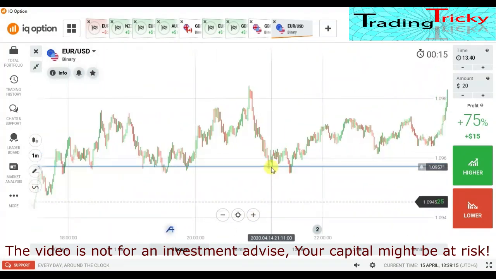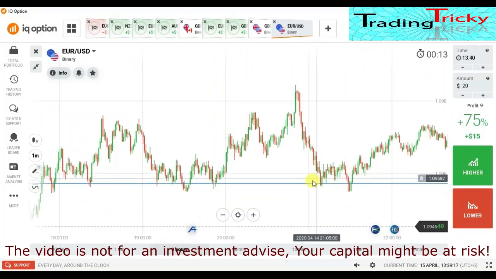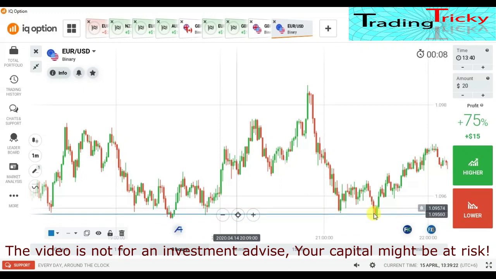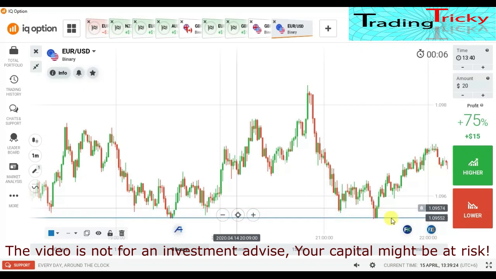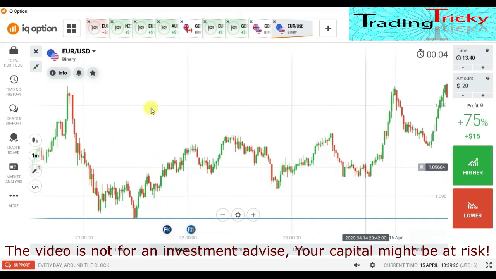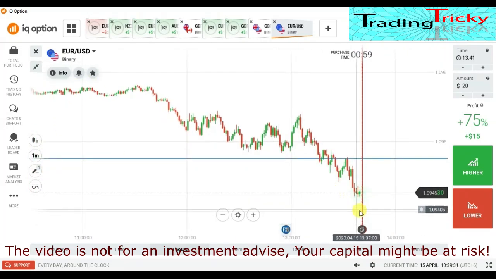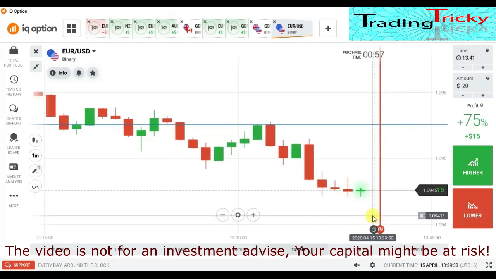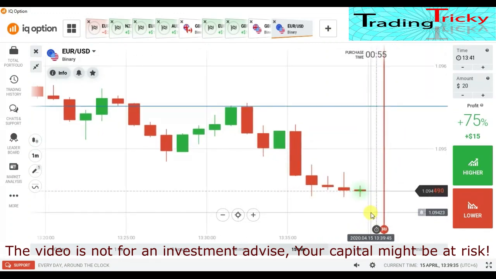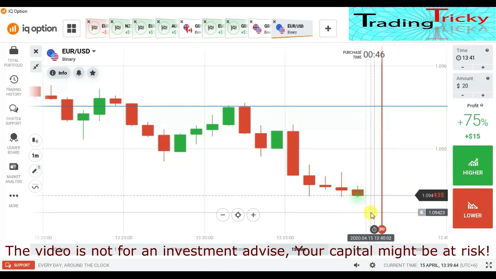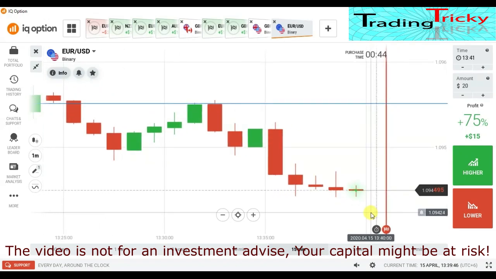Okay, you see, this is actually the buyers' area. The sellers are getting weaker. Okay, let's check this. Maybe I'll place a trade after this candle if I have confirmation from the buyers. Let's close this candle.